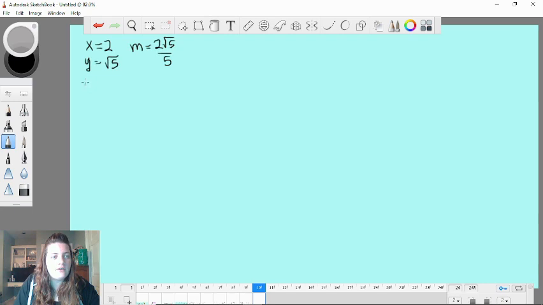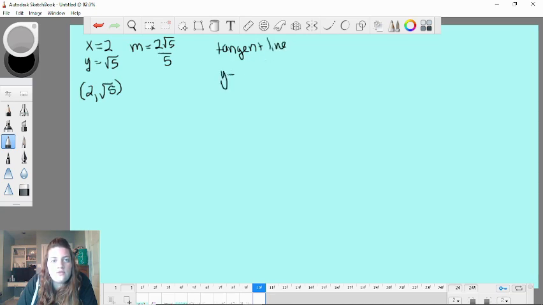To rewrite that, it would just be 2 comma square root of 5 if you want the coordinate point on the graph. And then our tangent line formula is y equals mx plus b. So y is square root of 5 equals our m, which is 2 square root of 5 over 5, times x, which is 2, plus b.